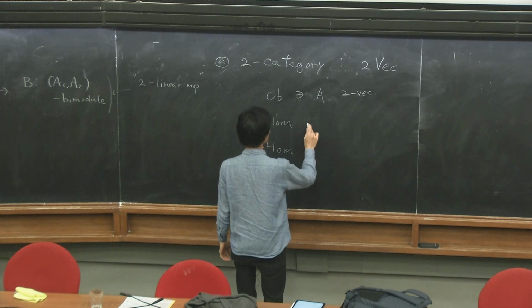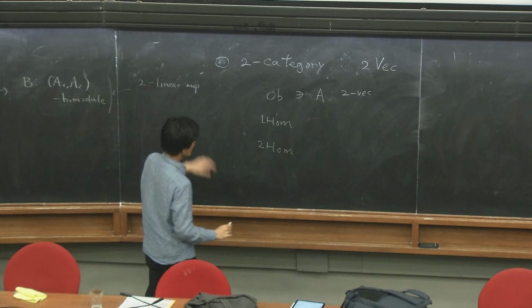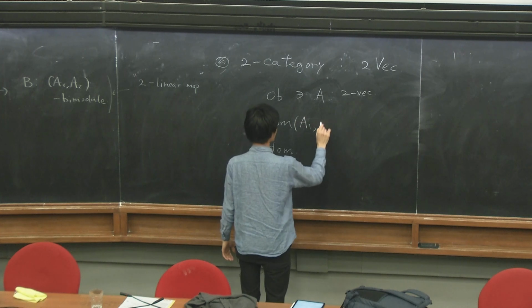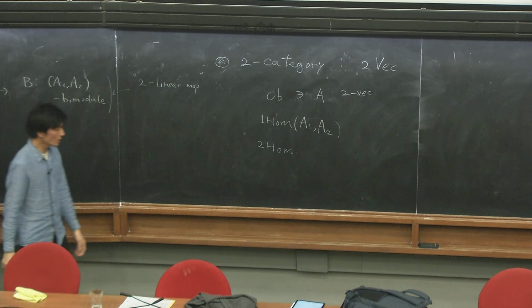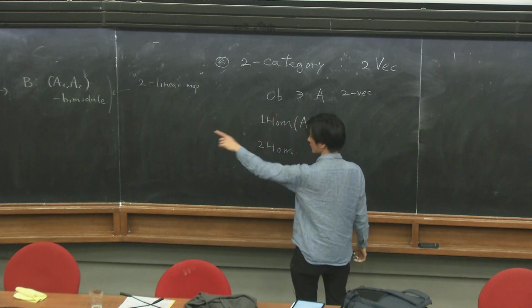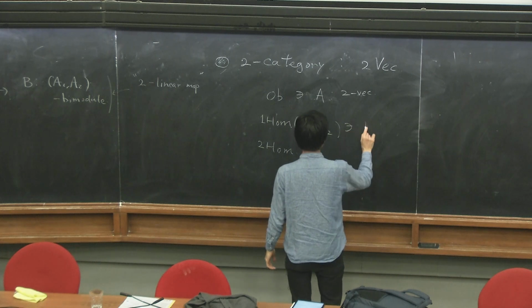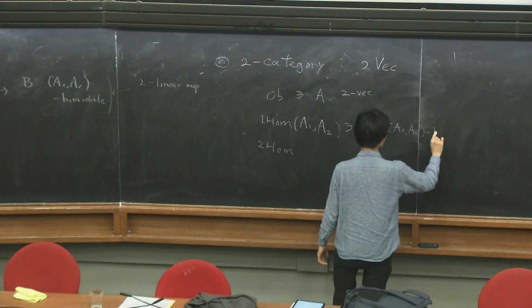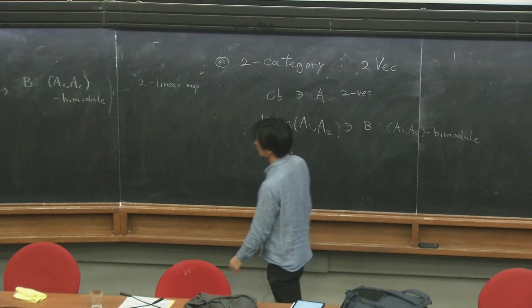Now, for 1-morphisms, we want these to be linear maps. So for each pair of 2-vector spaces, we assign the bimodule, or the topological interface. This is called an A1-A2 bimodule.